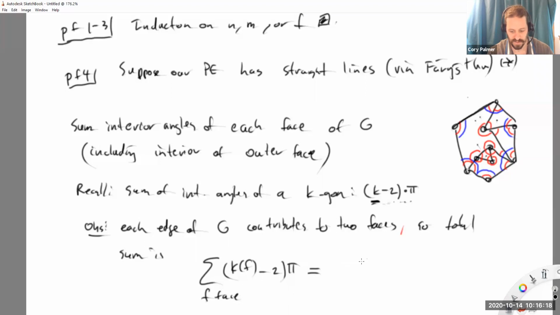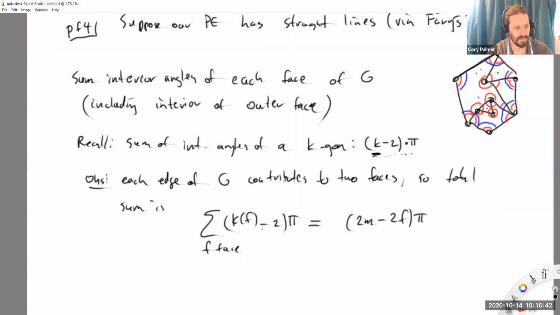So this total sum is 2 times m minus 2 times f times pi. That's the value of this sum when I take the whole thing. Why? The number of terms in this sum is f, right? Little f here represents both a specific face and the number of faces. So it's a bad abuse of notation, but I wasn't planning to write this equation here.